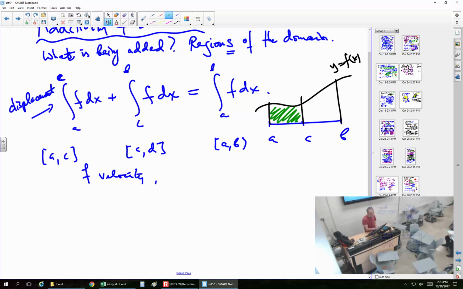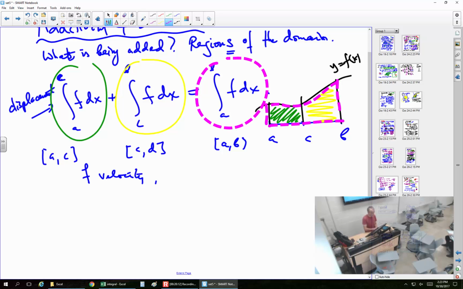So we're just adding the green area to the yellow area, and the end result is the whole area. Okay, so that's the additivity rule, which is understood very intuitively at a very basic level. Adding two objects, if they don't intersect too much, then you also add their areas. Okay, so that's what we're saying.